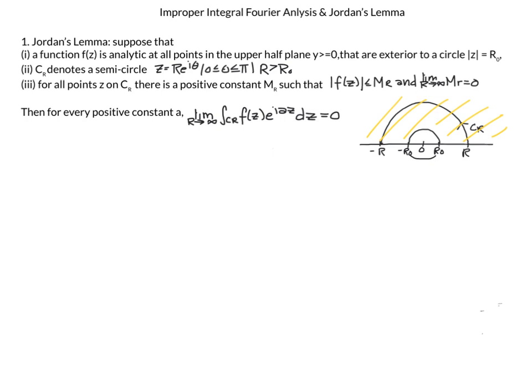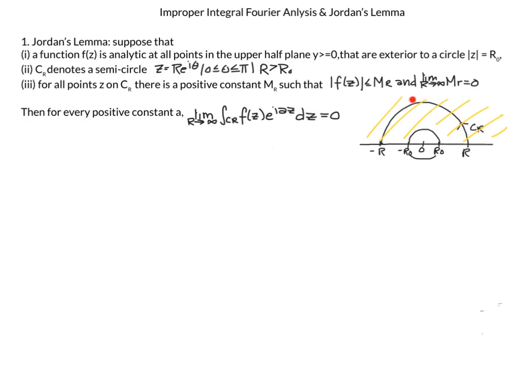Then we're going to have C sub R, which is going to be a semicircle. We parameterize it as z equals R e to the i theta. So R is our radius, which is greater than R naught. And then theta goes between 0 and pi, not 2 pi, because we don't want to go all the way around, just half a circle, 0 to pi. So this is our C sub R. Then for all points z on C sub R, there's a positive constant M sub R. This capital M suggests that it's a maximum.